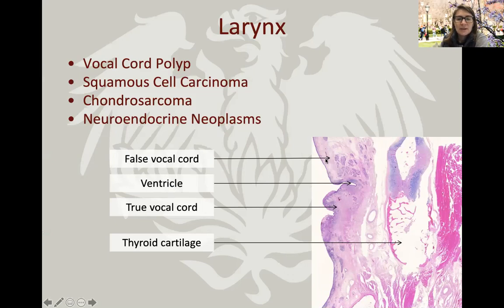Just anatomically, remember that as you move into the larynx from the epiglottis, you're going to be dealing first with the false vocal cord, the ventricle, which separates the false and the true vocal cord, and then moving down into your deeper trachea. As we move forward through the larynx, we're looking at our thyroid cartilages and then our strap muscles here in the anterior neck. This is just a histologic section of a larynx through that plane.